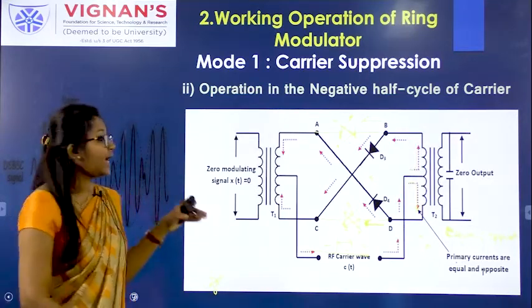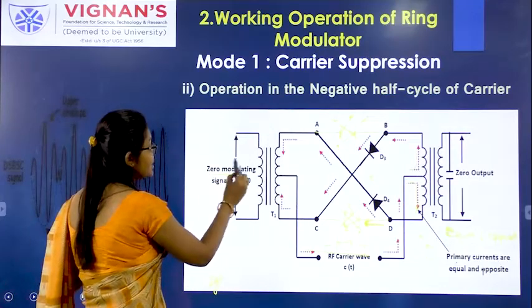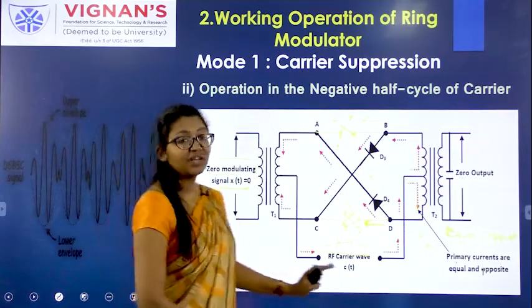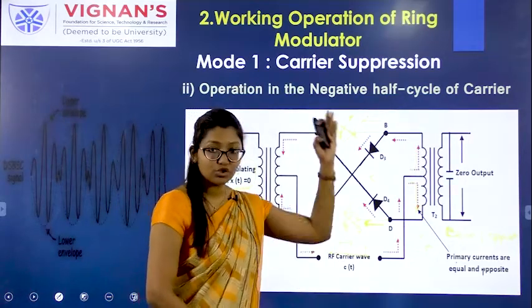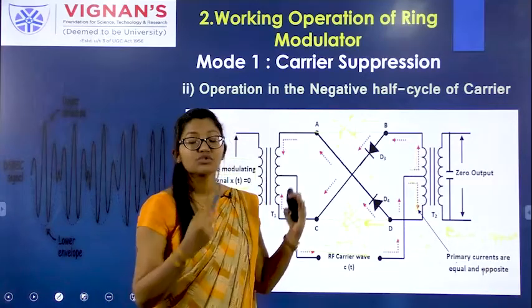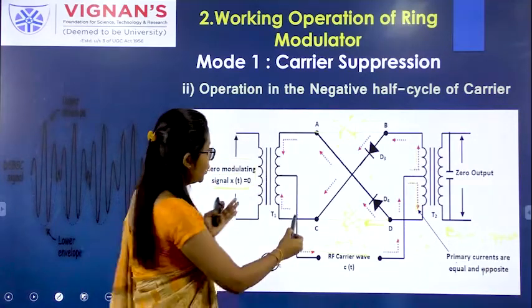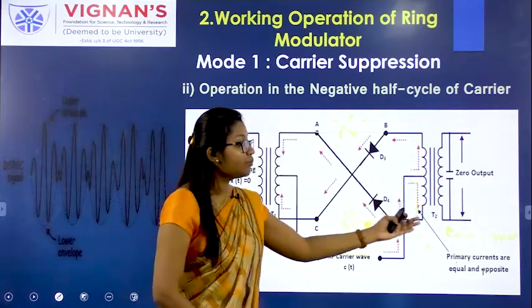How do we suppress the carrier? We consider the modulating signal x of t as 0, and we only give the carrier signal. In the carrier signal there are two halves, positive and negative. If you give a positive half, we have seen how the current flow appears and finally both get cancelled.